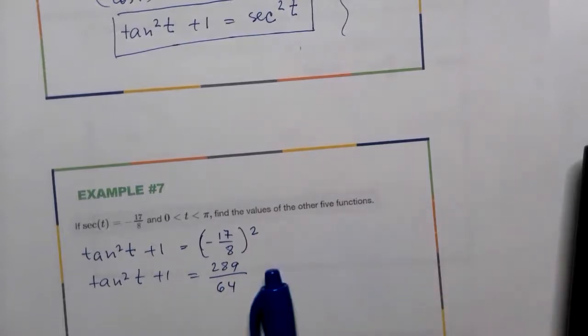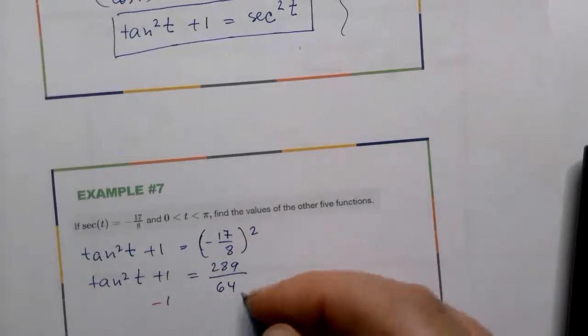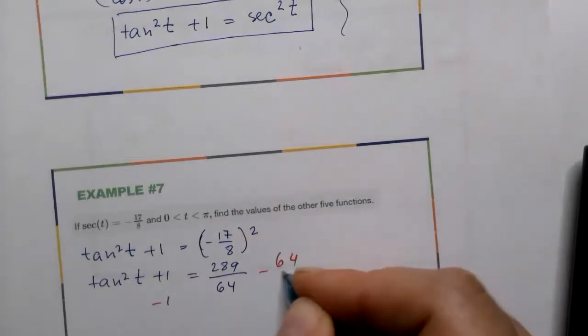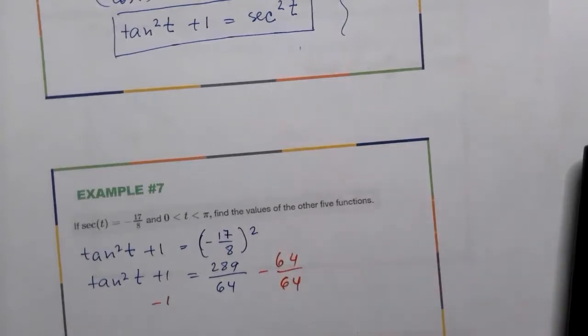Now I'm going to subtract 1, but here 1 turns into 64 over 64. That's still a 1, I hope you remember that.